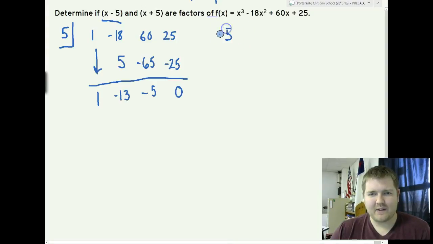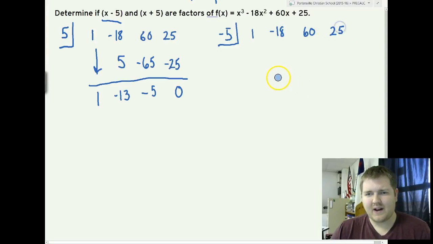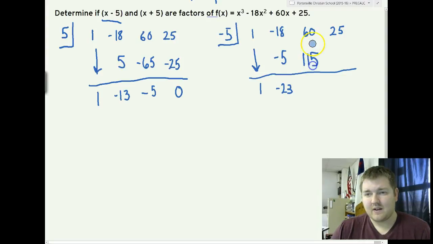Let's check out x plus 5 by putting a negative 5 up here. So we have 1, negative 18, 60, and 25. Put our fence up. 1 comes down. Negative 5 times 1 is negative 5. Negative 18 and negative 5 is negative 23. Negative 5 times negative 23 is 115. 60 and 115 gives me 175.